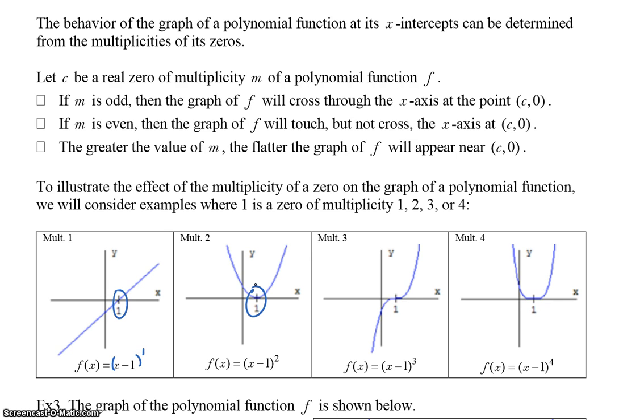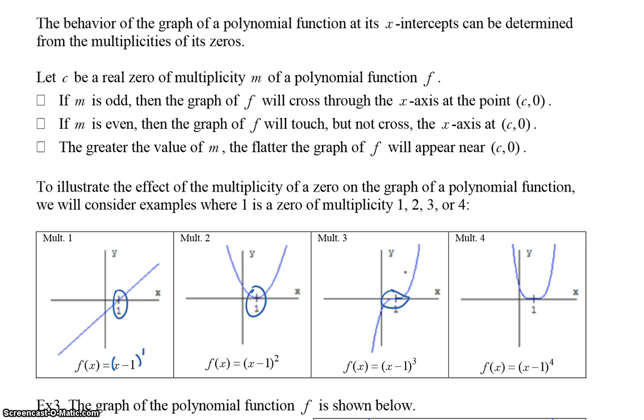However, we see something else. We see a flattening of the graph near x equals 1. The graph flattens out there. And so as the multiplicity increases, the graph starts to flatten out. We saw a little bit of flattening in the case of multiplicity 2. Now we see even more flattening of the graph with a multiplicity of 3. But now the graph crosses through because the multiplicity is odd.